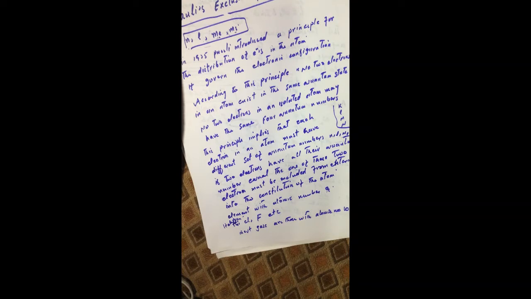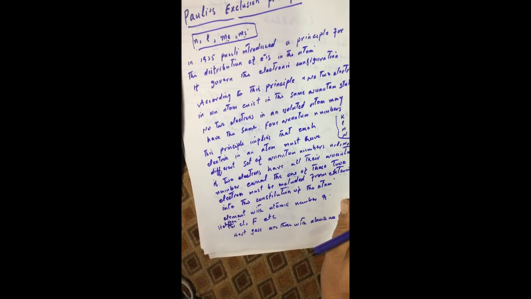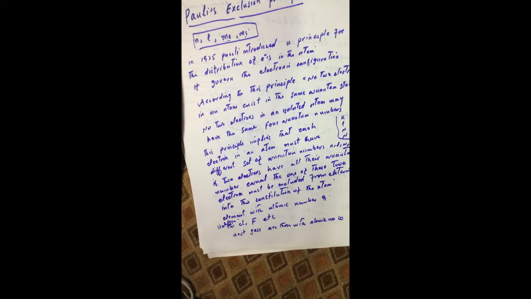So it means that the electronic properties or the chemical properties change with atomic number, like the atomic properties change with the arrangement of electrons in different orbits.